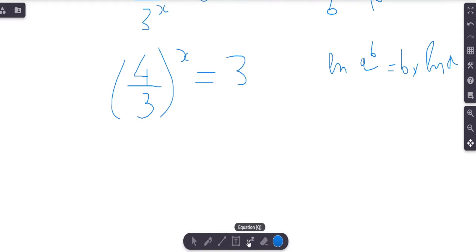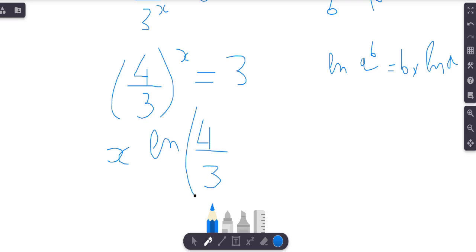So let's use this property. So we have x multiplied by log of 4 thirds equals log of 3.